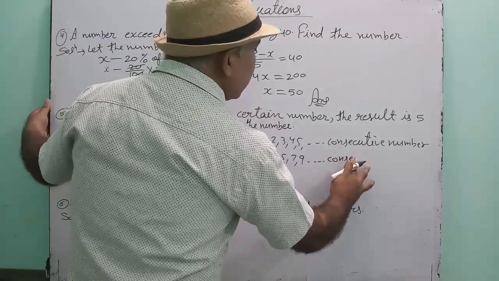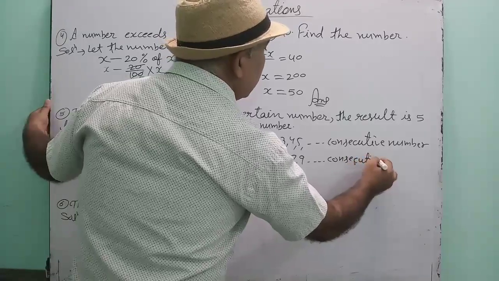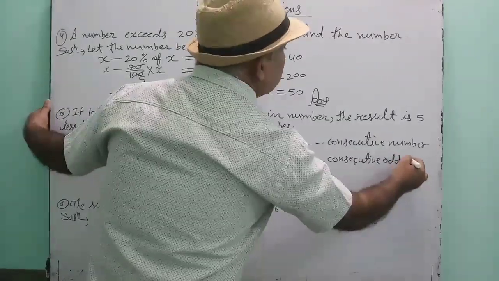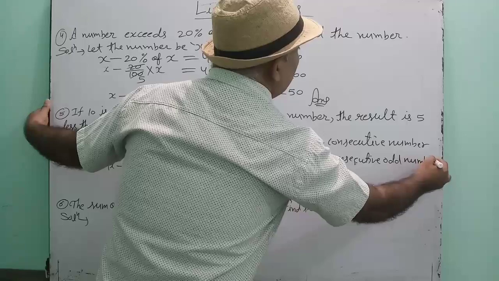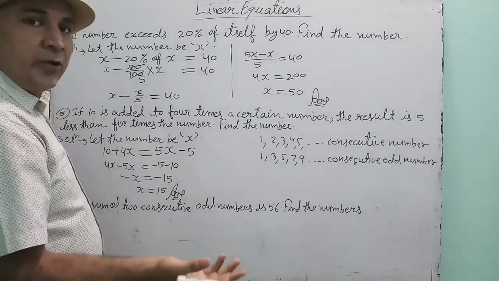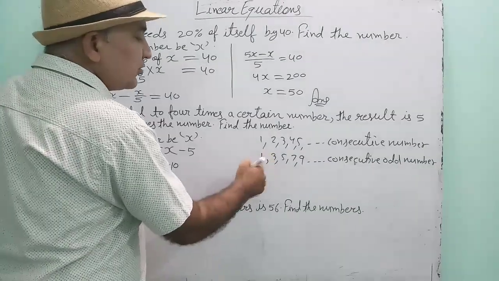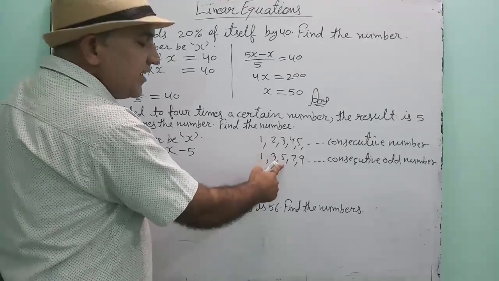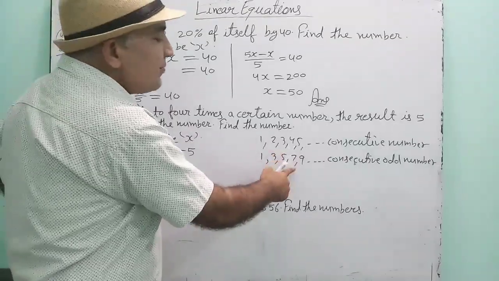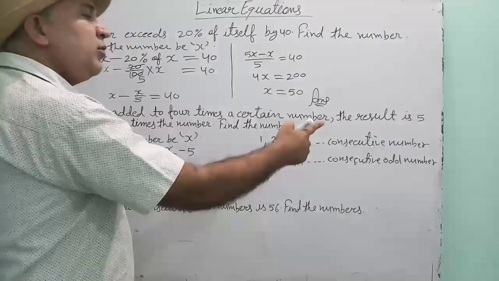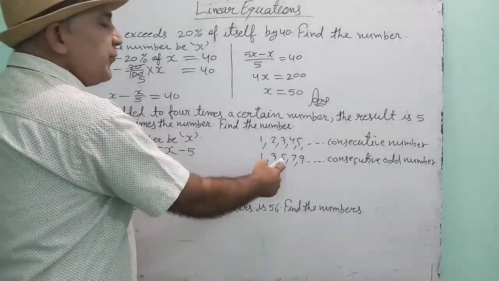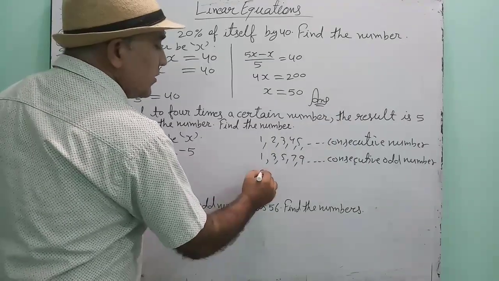Children, these are the consecutive odd numbers. Consecutive means continue. We know that after 1, 3 is the odd. After 3, 5 is the odd. After 5, 7 is the odd. So consecutive odd numbers are 1, 3, 5, 7, 9 and so on.